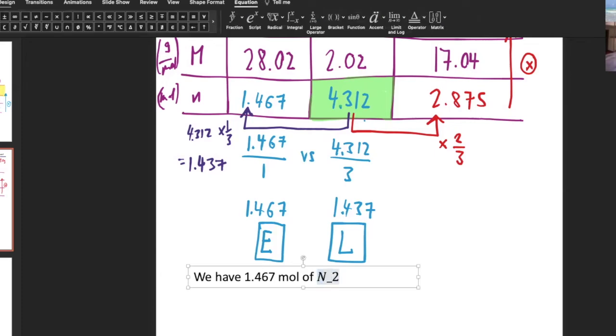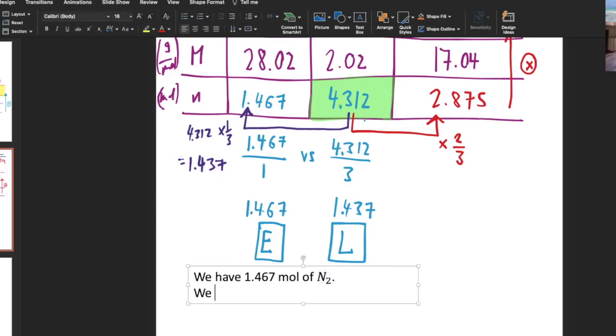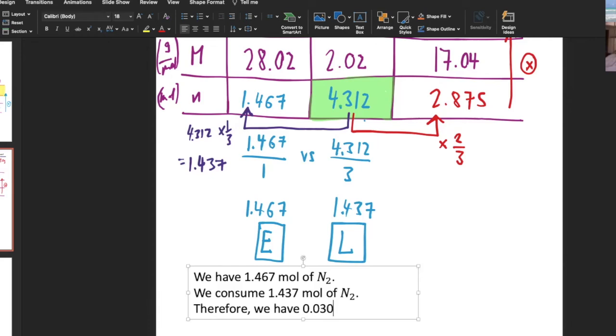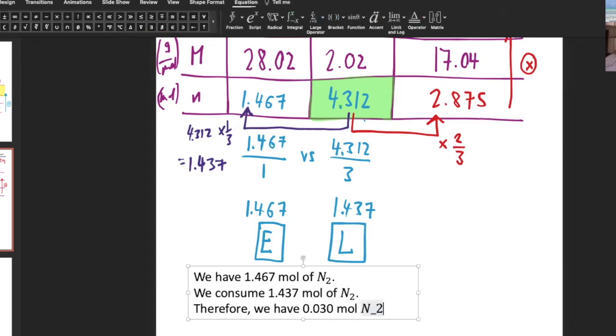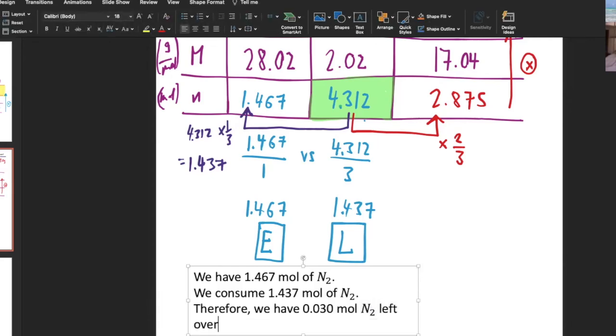We consume 1.437 moles of nitrogen. So, therefore, we have 0.030 moles of nitrogen left over.